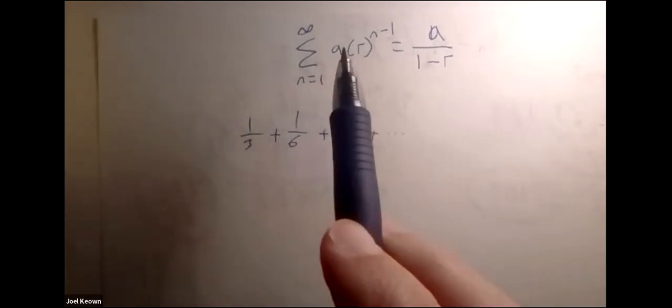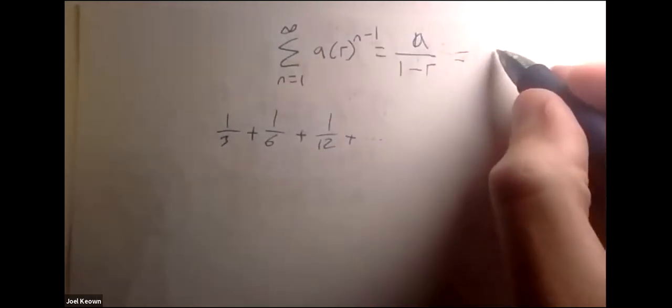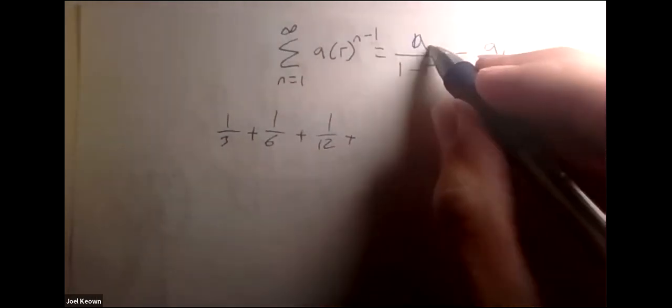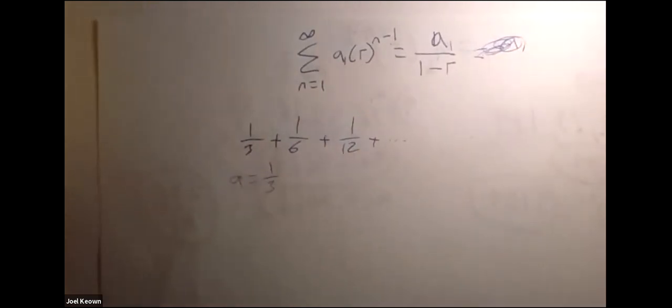Now let's look at our formula. It says A, and I really could have said that's A sub 1, and there's my R. Well, A sub 1 for our problem is 1/3.